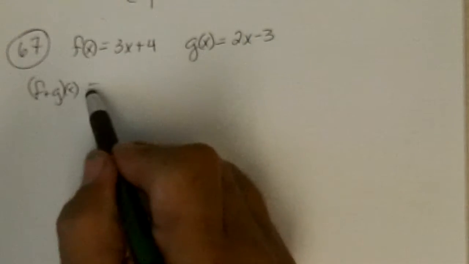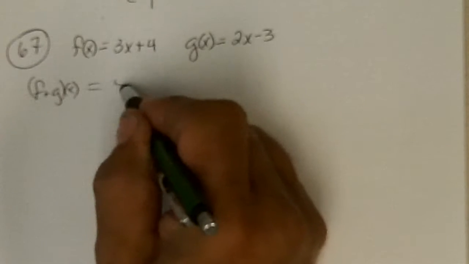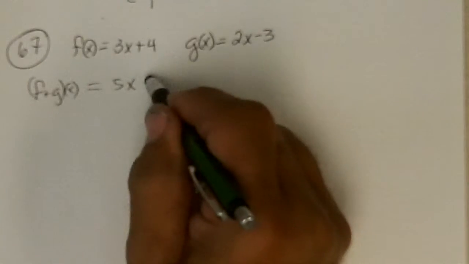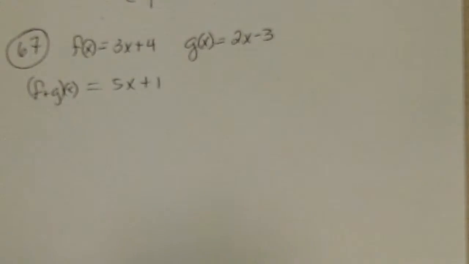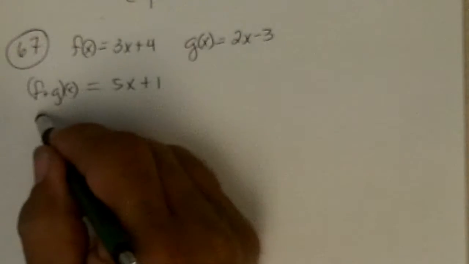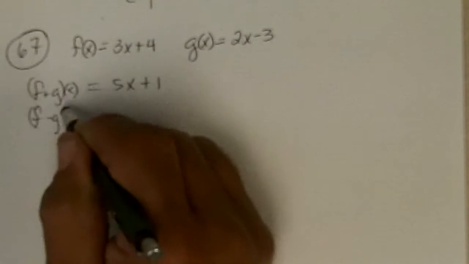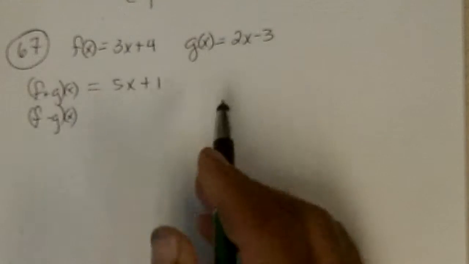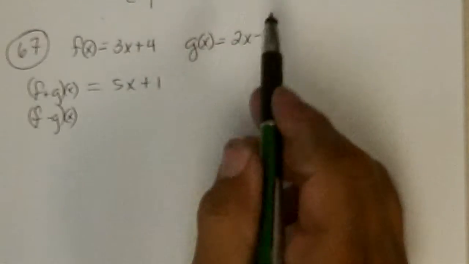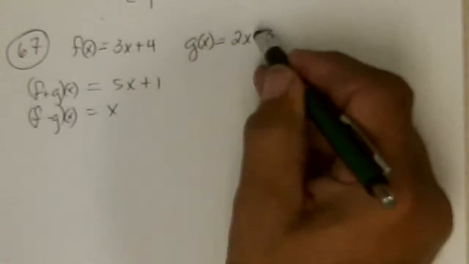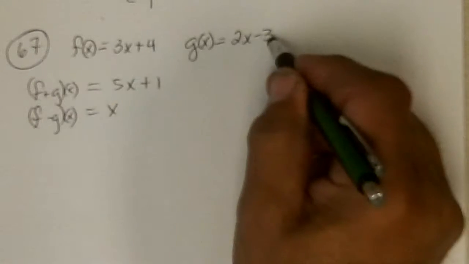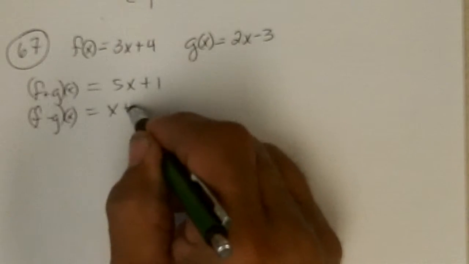So we just add them: 5x plus 1. Then it says find f minus g of x. So we subtract them, this minus this, so we get 3x minus 2x is x, 4 minus a minus 3 is 7.